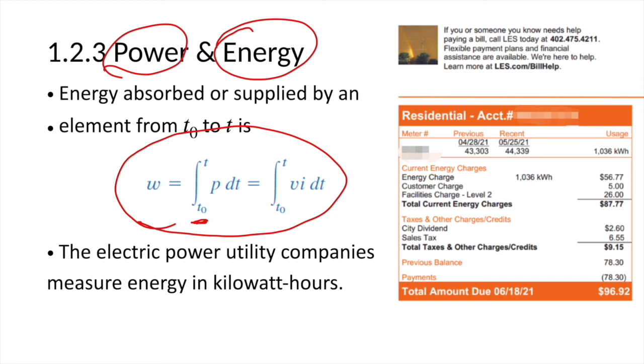So let's give an example. For example, an equipment has a very large power rating, but it only uses maybe 10 minutes per day. There's another equipment that the power rating is lower than the first one, but it runs 24 hours per day.